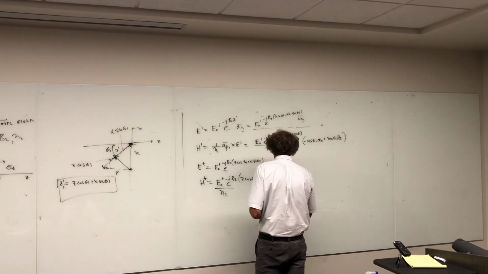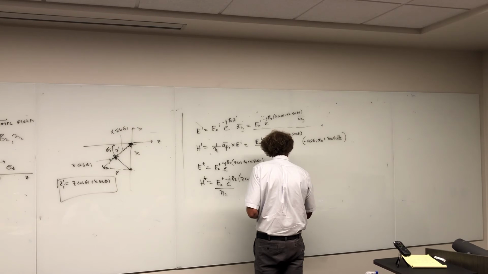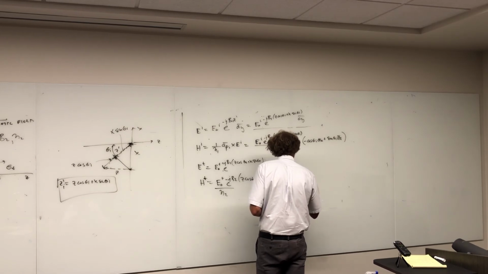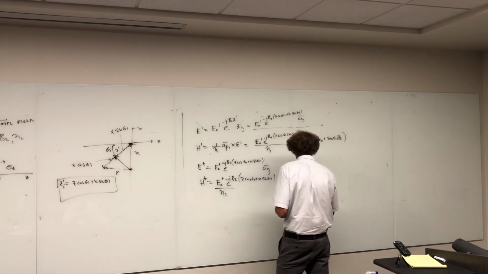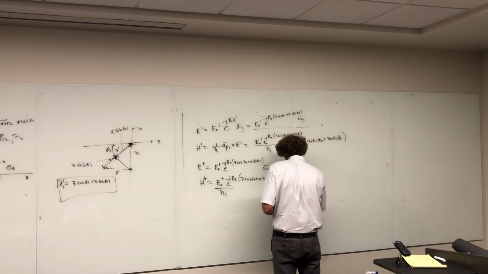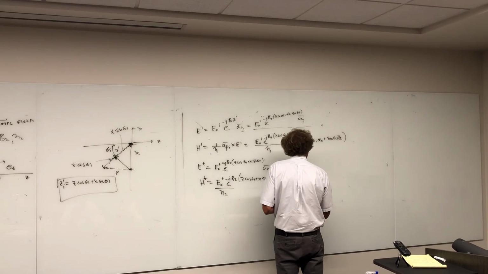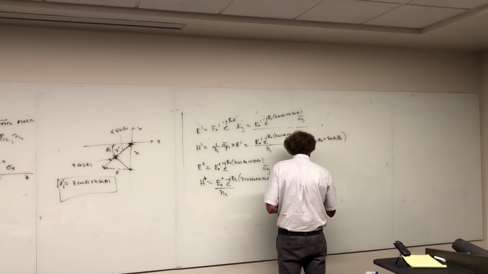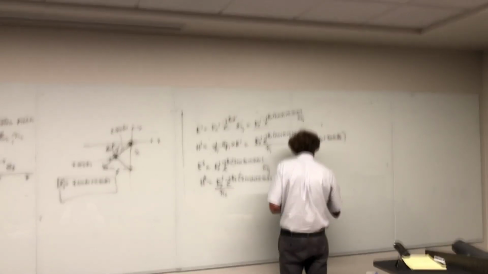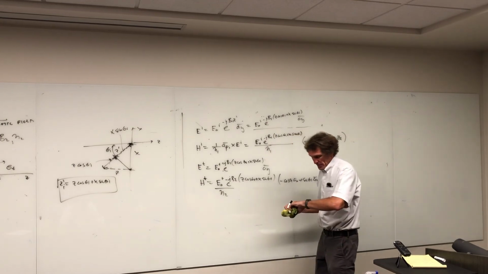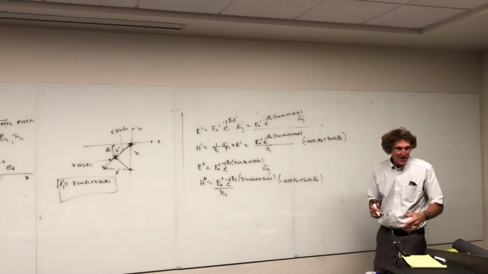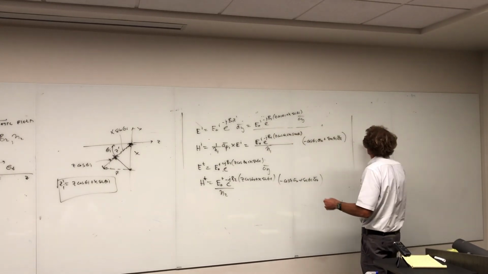And then it's still going to have minus cosine theta incident a_x plus sine theta incident a_z. All right, we've got 2 of the 3.